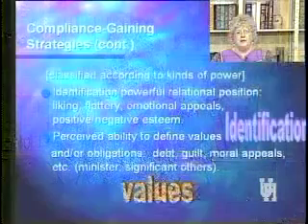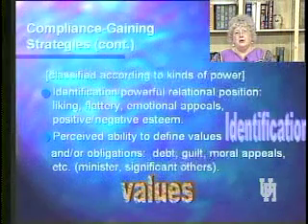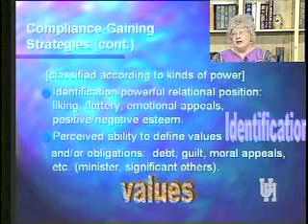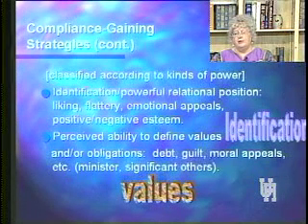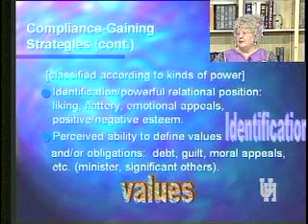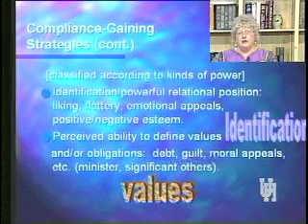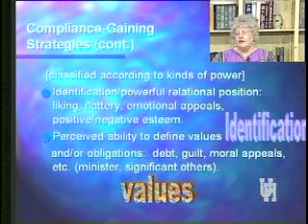So in this third category, we have the ability to define values or obligations, and those people who have that power will be using things like debt, guilt, moral appeals, and so forth, and they are the significant others in our lives.